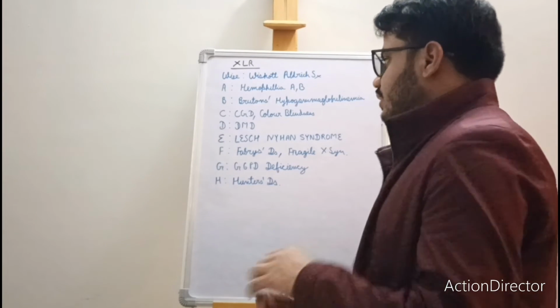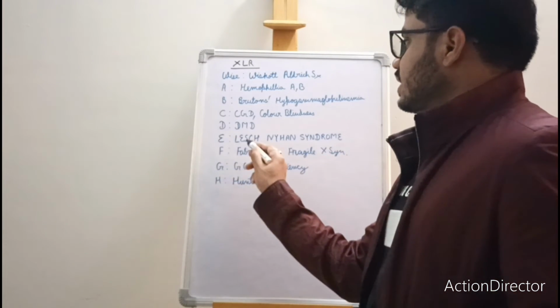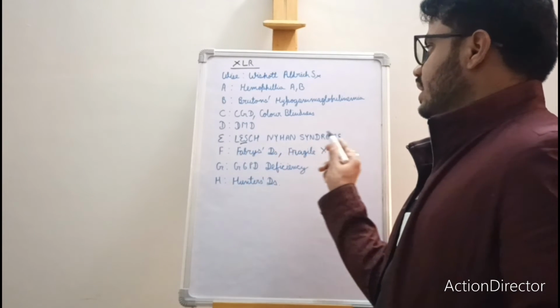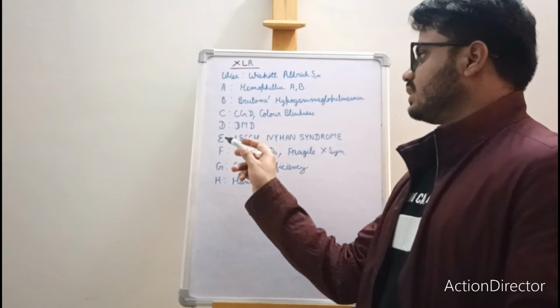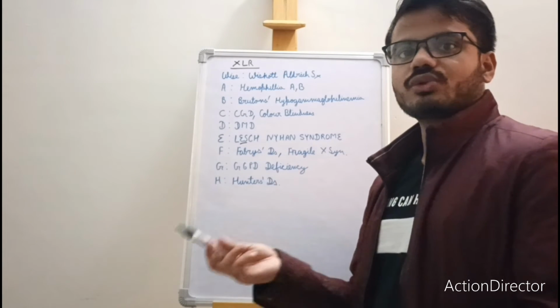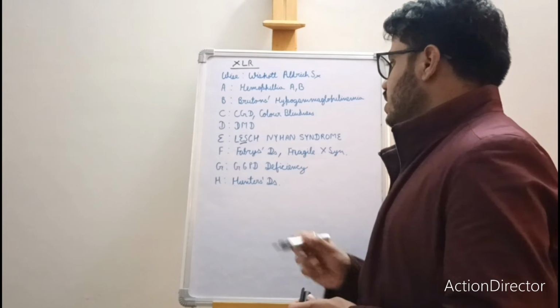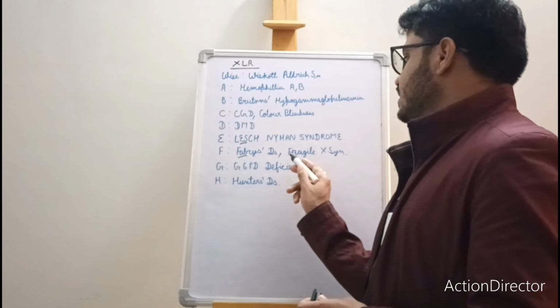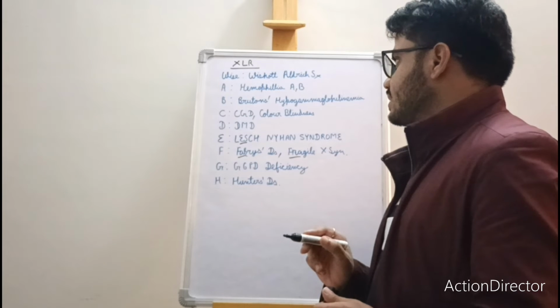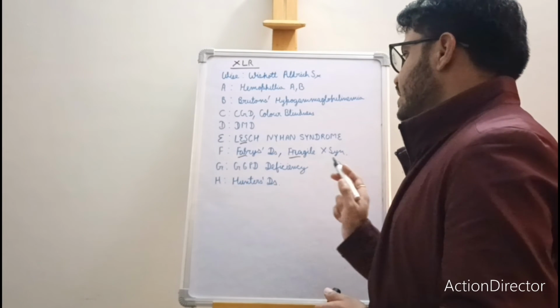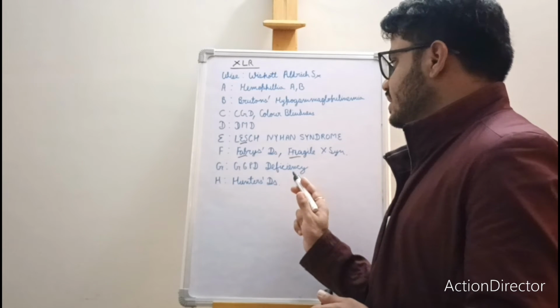E, you can remember, E and LE, right? Lesch-Nyhan syndrome. So here E comes in Lesch, so you can remember by that. Then F stands for two disorders, Fabry's disease and Fragile X syndrome. And G stands for G6PD deficiency.